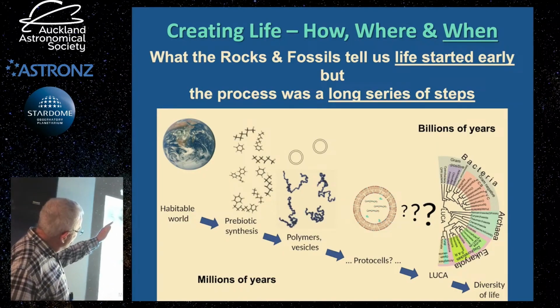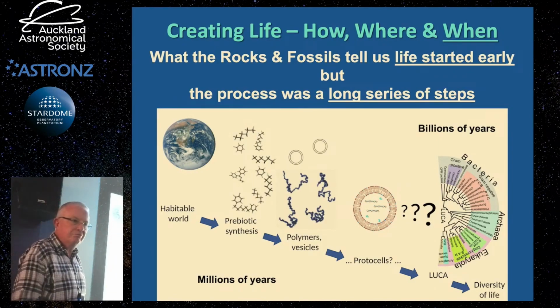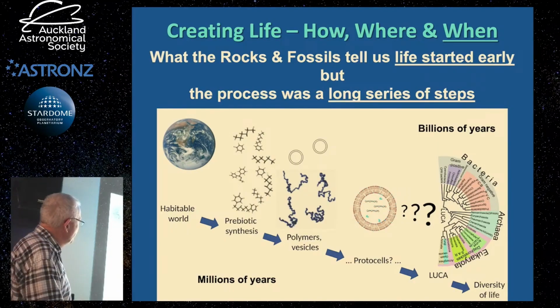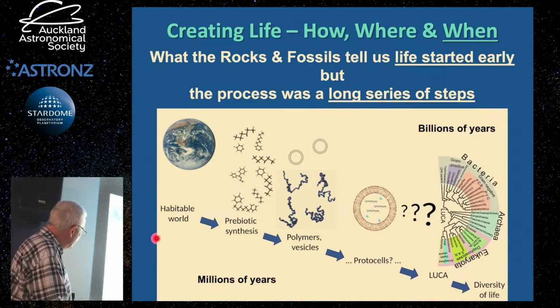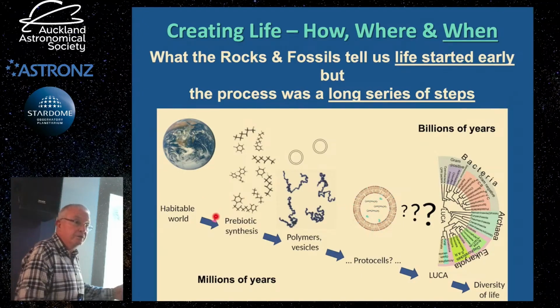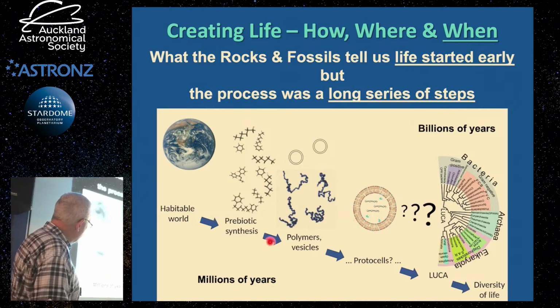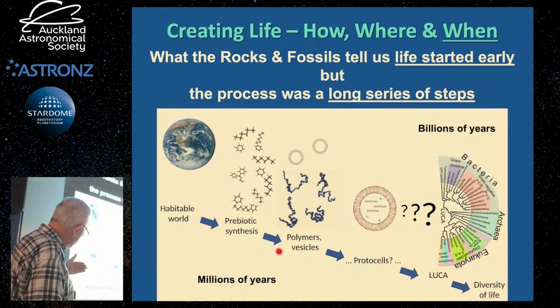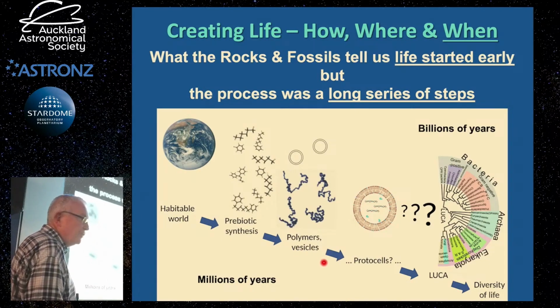As I mentioned, life would have got started early, but it was a long process because it just doesn't get up and going like that. It's a long, slow process from just a world that's habitable, in other words, one that can support life. You start getting prebiotic chemistry and prebiotic environments. You start getting little vesicles, like little pre-life cells, and then proto-cells, not fully mature cells.